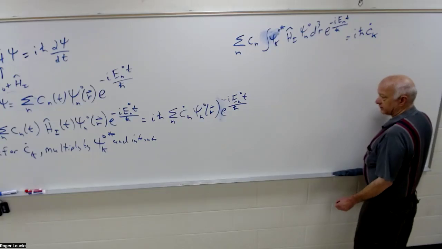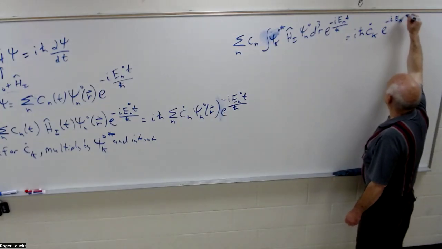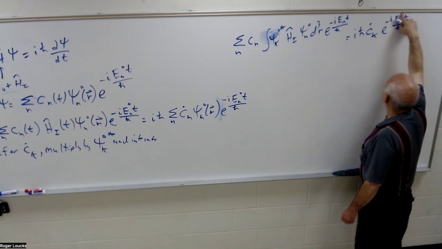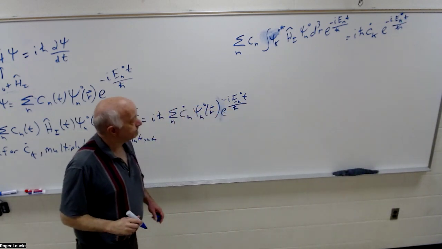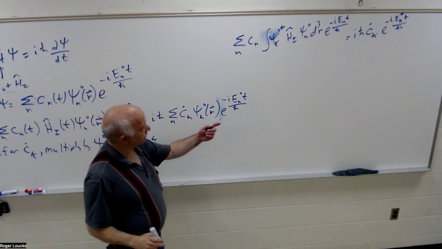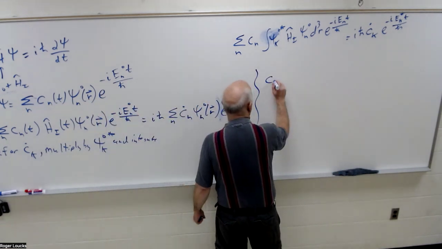And then this gives us e to the minus Ek t. I would agree with that. Then I divided through by 1 over i h bar, and that gives us this.